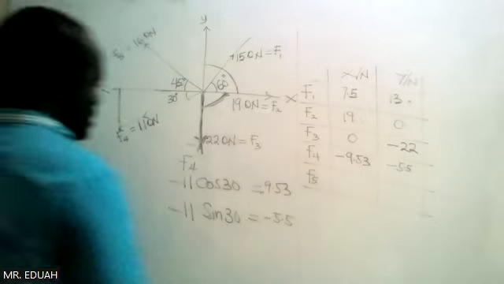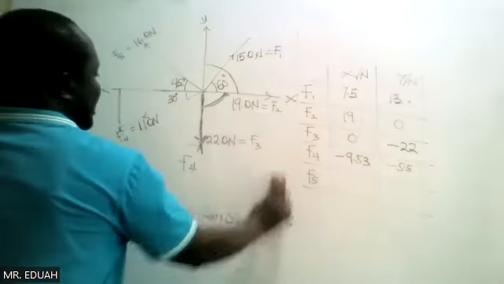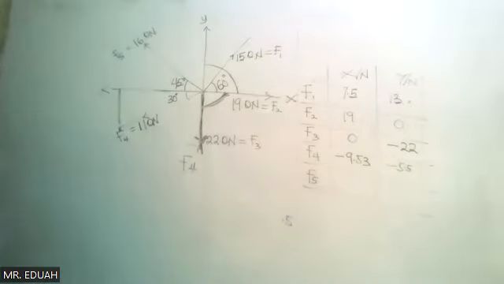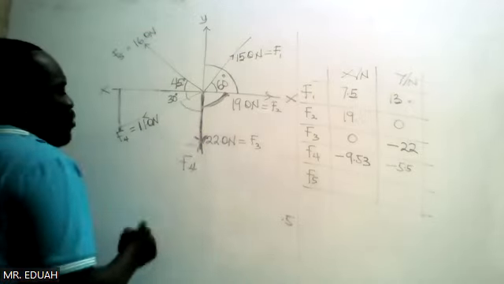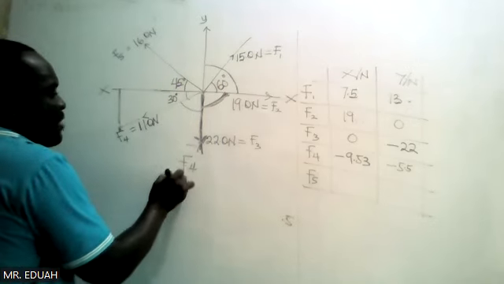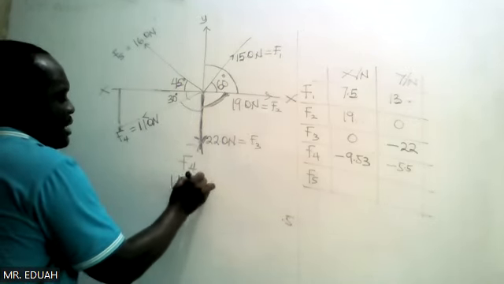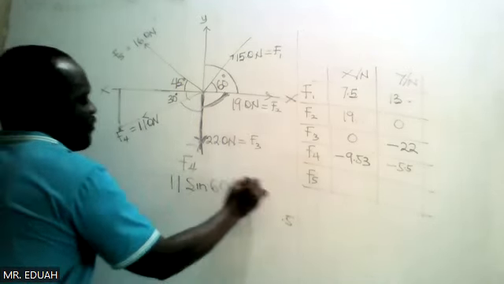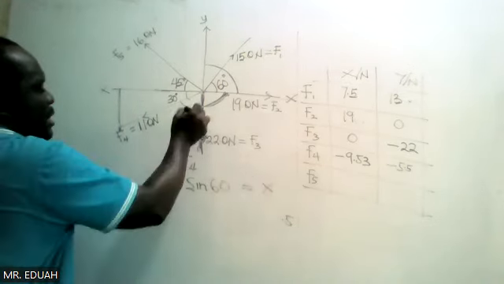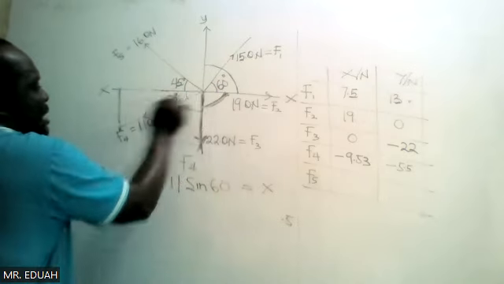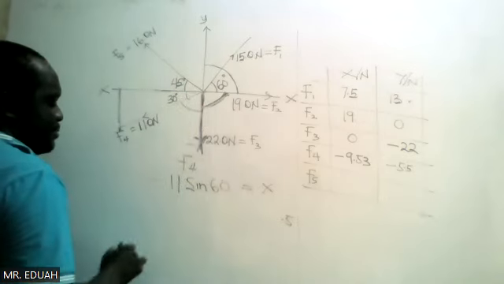Another way out. What angle does F4 make with the y-axis? 60. So the angle it makes with the y-axis, 11 sine 60 for the x component, and this is minus.